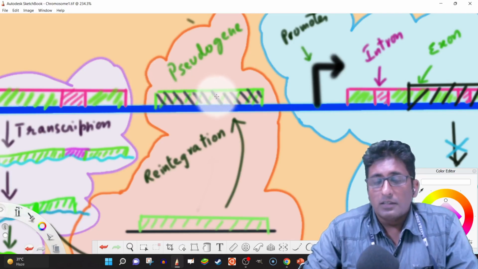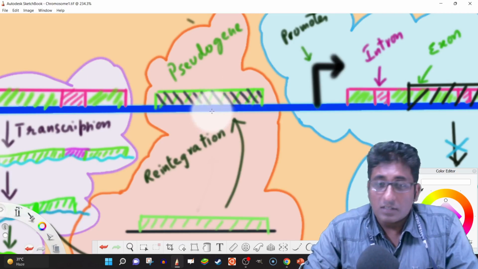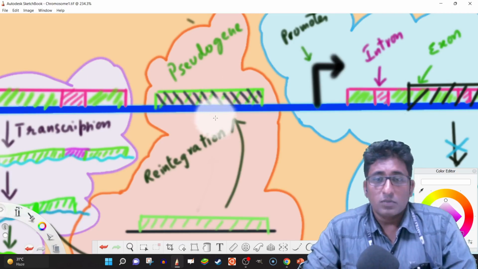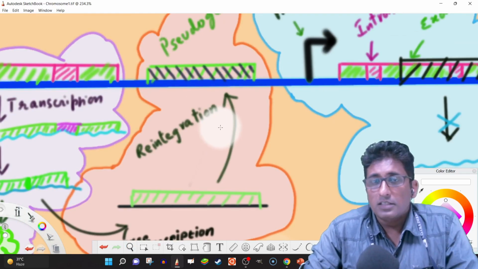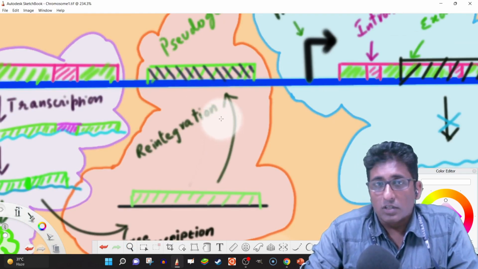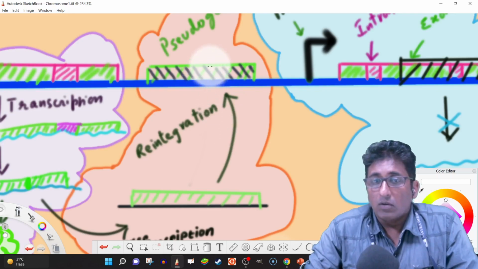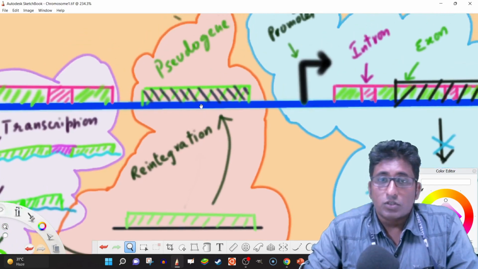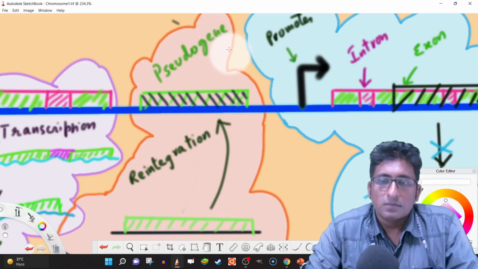Even if they are transcribed, because of any mistakes during copying or reverse transcription, they might not produce a functional protein. But occasionally they may also cause diseases. Those regions are called pseudogenes.